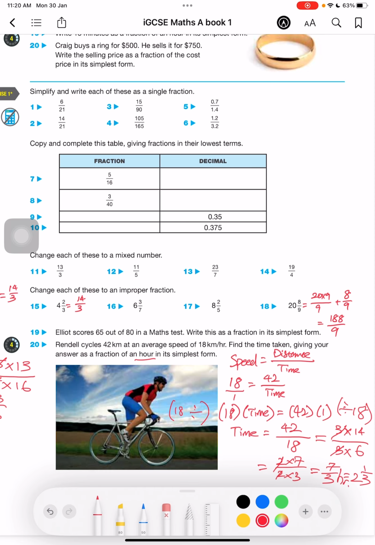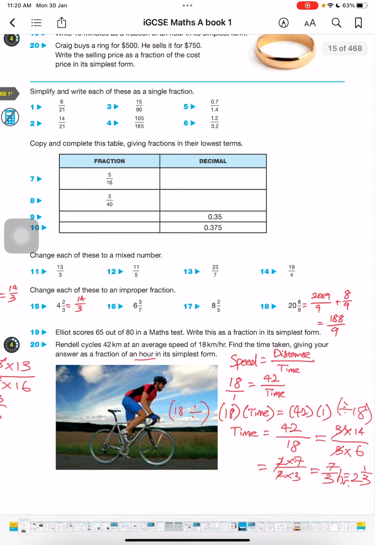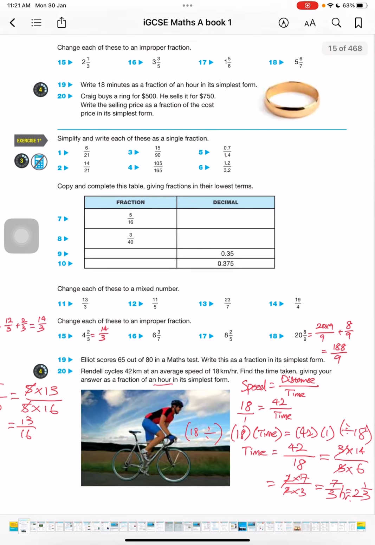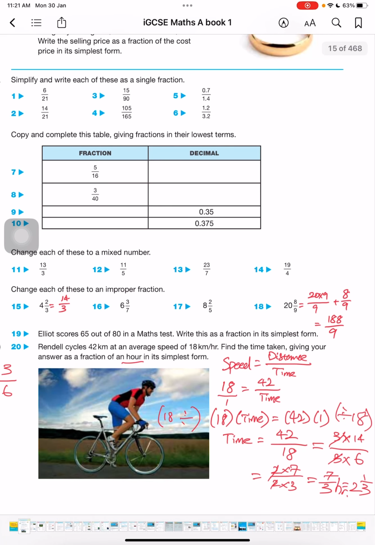So this is basically your exercise 1 star. Just take note that for question 20, we did not really pay attention to the units because the units are the same. He cycled 42 kilometers at an average speed of 18 kilometers per hour, so both units are in kilometers.